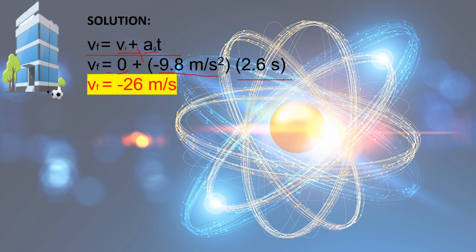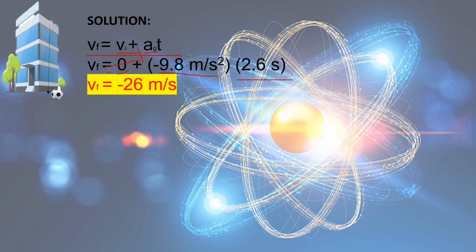So VF is equals to, since wala na itong 0, kakancel out na natin yan. And yung natitira na lang, we will multiply negative 9.8 to 2.6. So negative 9.8 times 2.6, the answer is negative 26. Then copy the unit m or meter per.